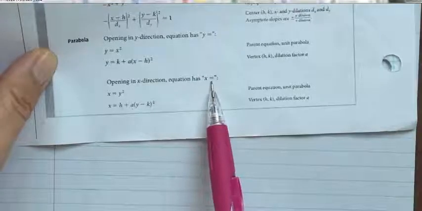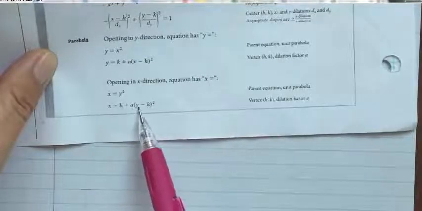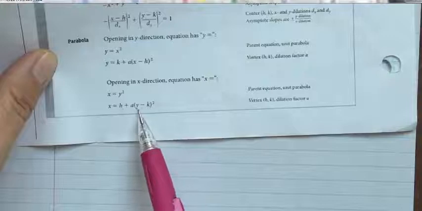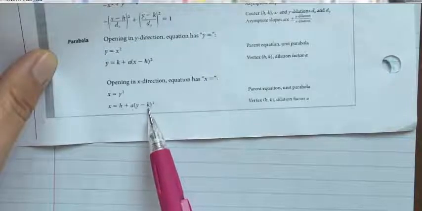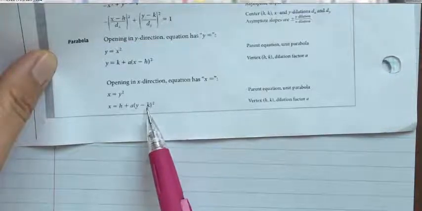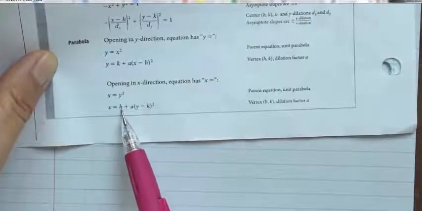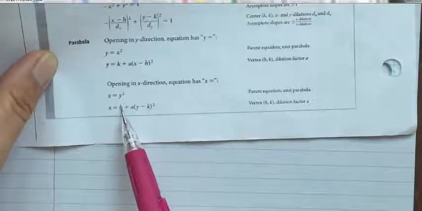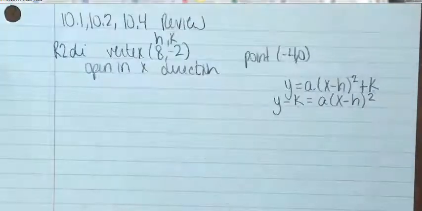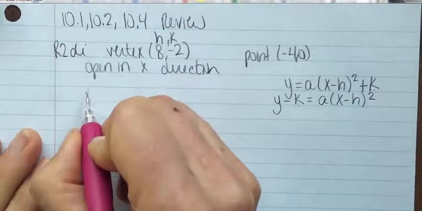Opening in the x direction, basically the equation's x equals. Now again, the y and the k are going to go together, right? Because that's the vertical translation. So it goes with the vertical coordinate, makes sense. And then you can either put the h out here, or you can bring the h over here. So basically, it could look like this.